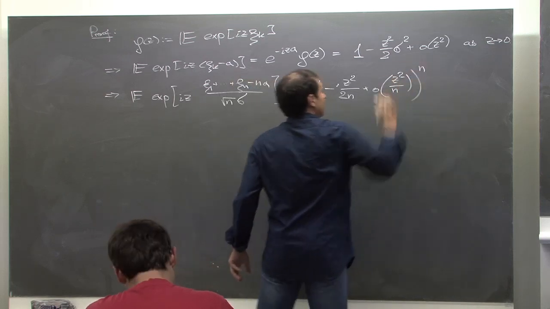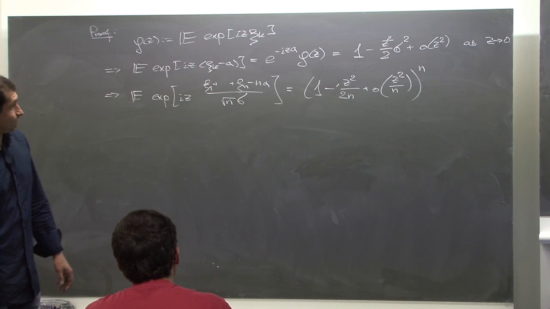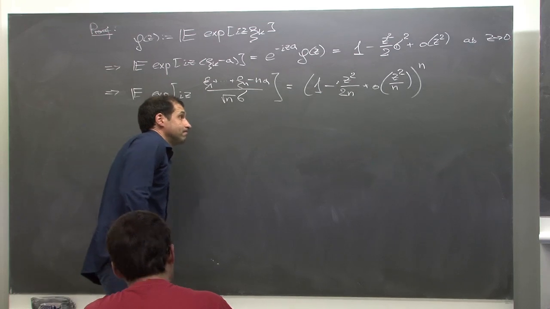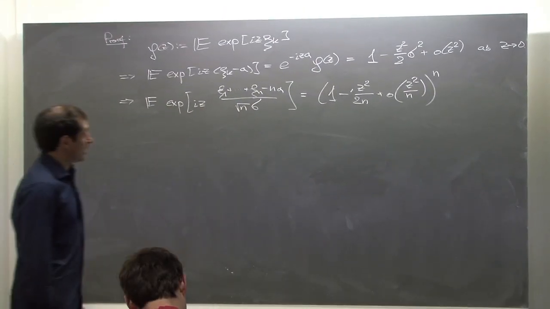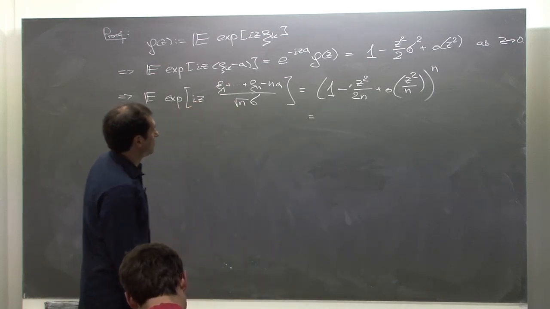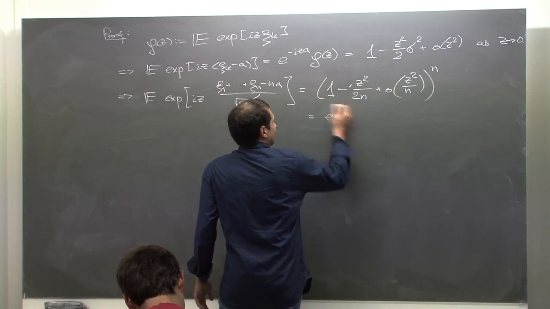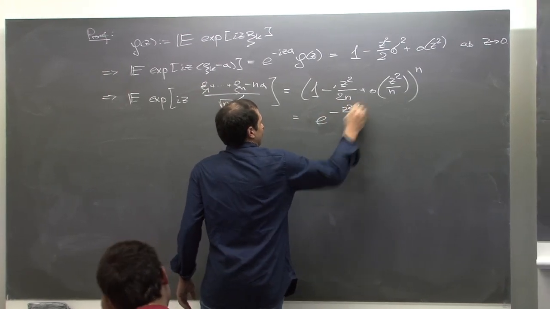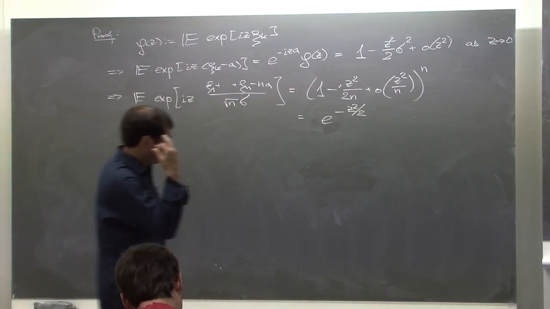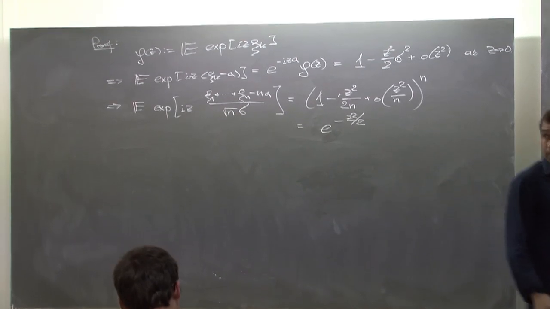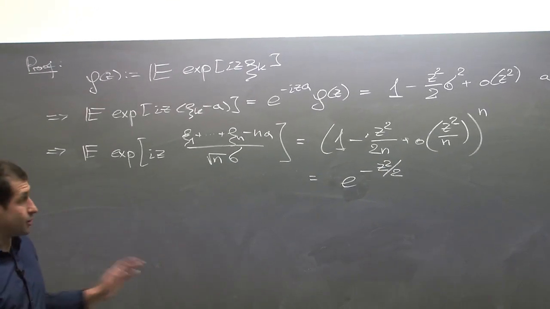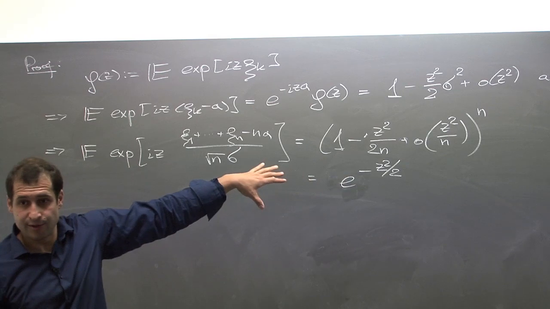And then I should raise it to the power n. And then, well, this is nothing but this exponential. Basically, that's it. That's the end of the proof. So this is the characteristic function of the standard normal distribution.